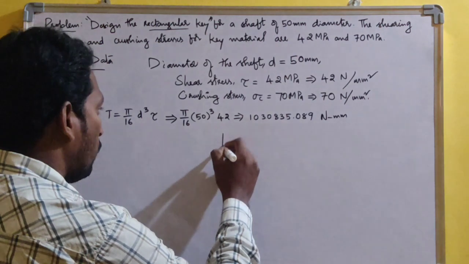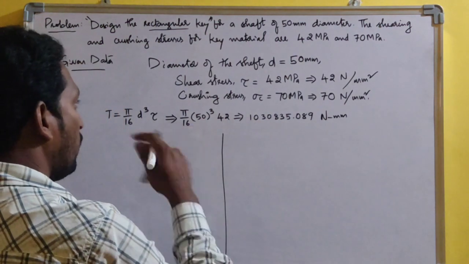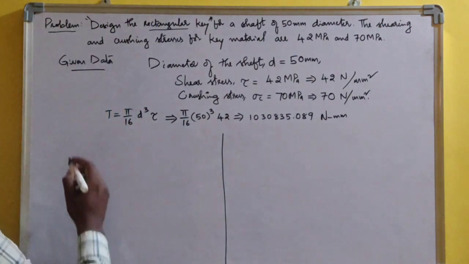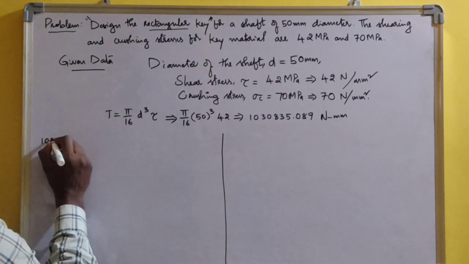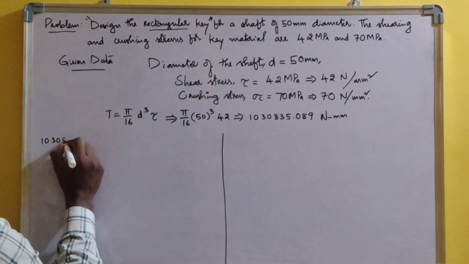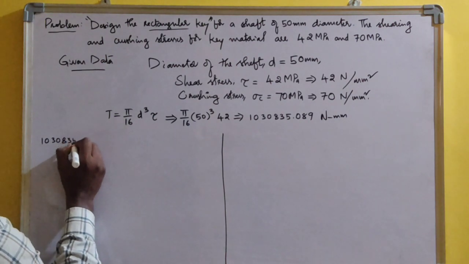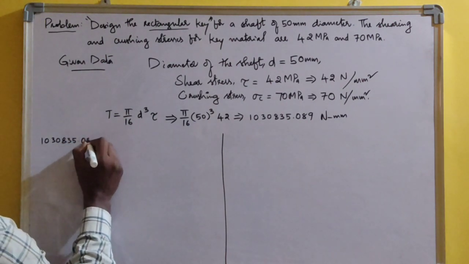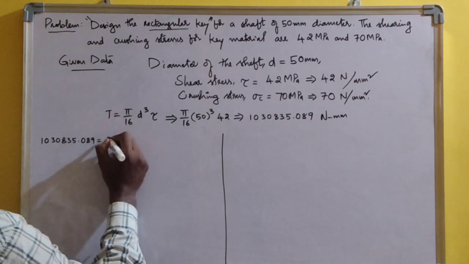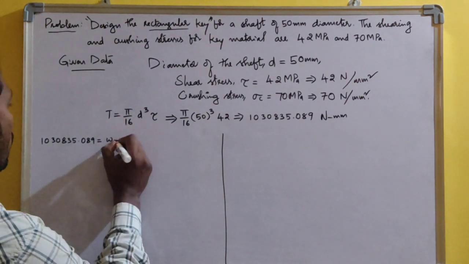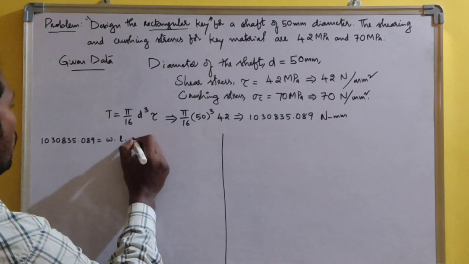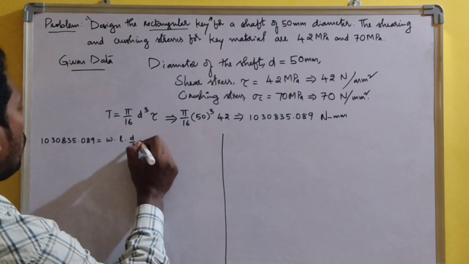This value is to be equated with both the relations. The first relation is 1030.835.089 equal to small w into L into d by 2 into tau.